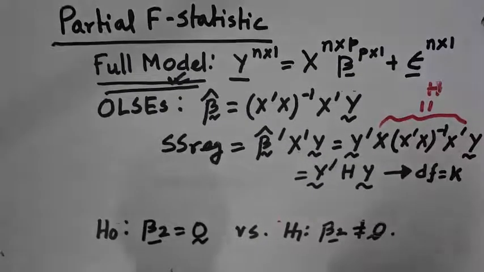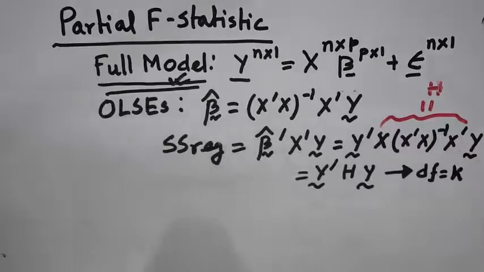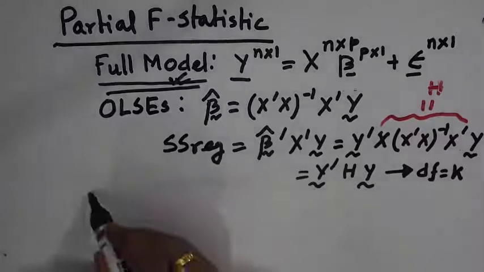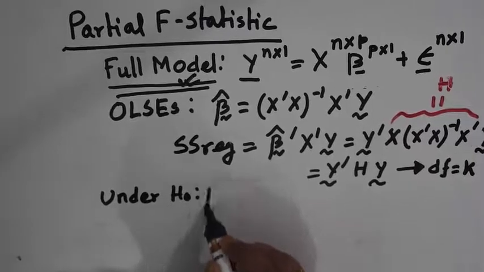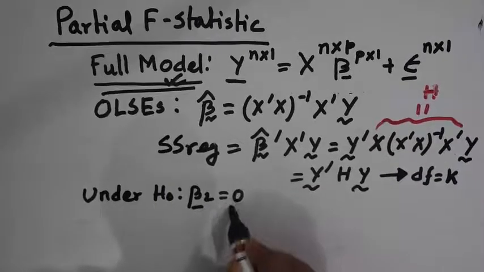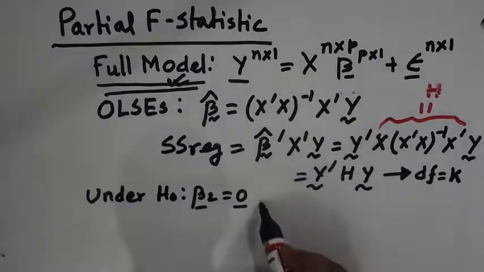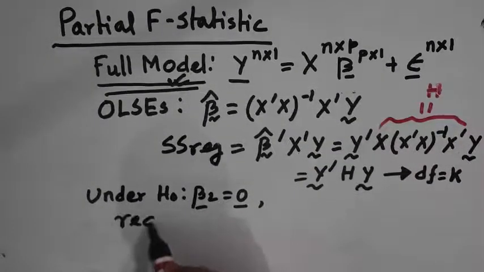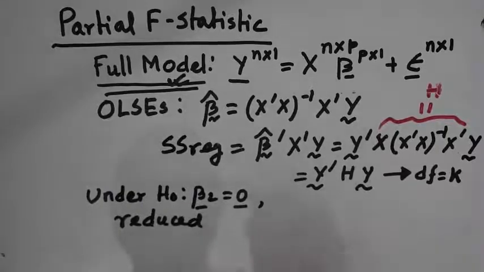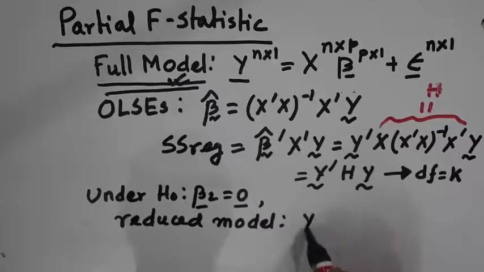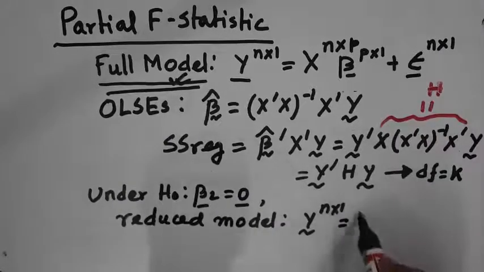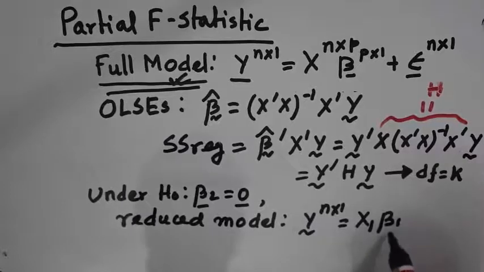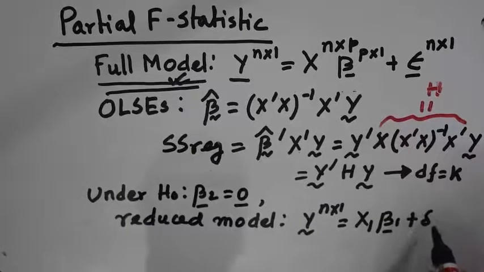Now under H naught, the reduced model is y curl, n cross 1, equals X1 beta 1 curl plus delta curl.